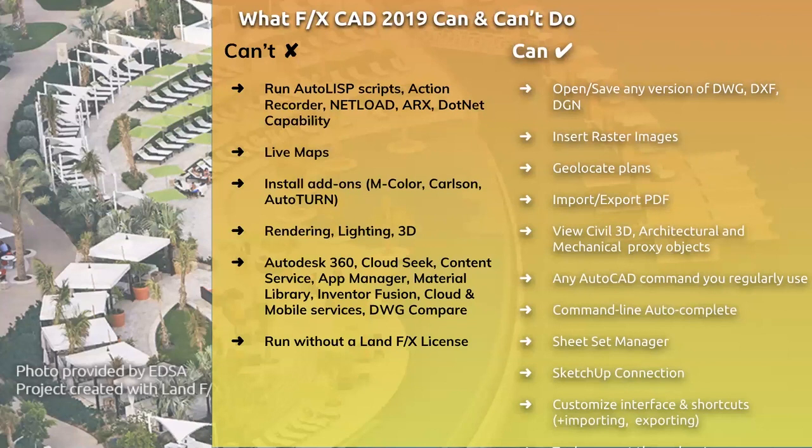You can geolocate plans, but it doesn't have access to those live maps because that is an online AutoCAD 360 thing. We do have great documentation on how to geolocate plans that includes steps on how to bypass that live map limitation.